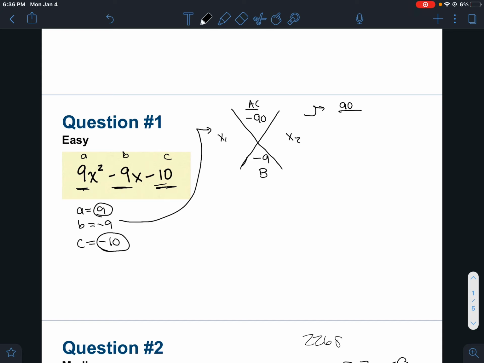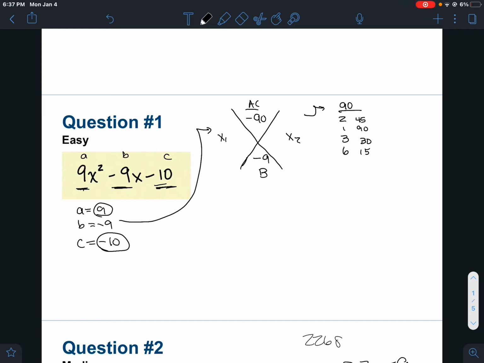You can do it however you want, but it's going to start off 2 and 45, 1 and 90, obviously, then 3 and 30, and then you can just keep going, but eventually you're going to find out that it's going to be 6 and 15. I could just see it off the top of my head.